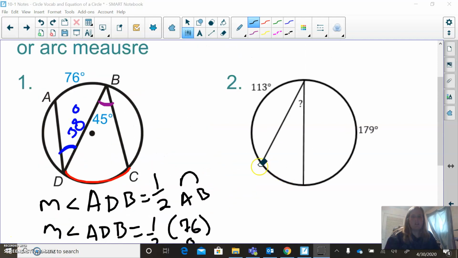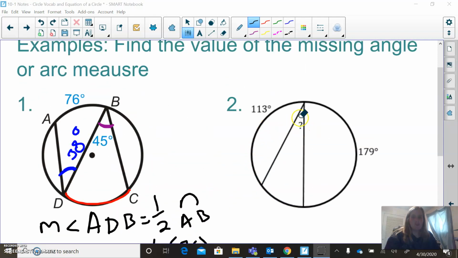All right, guys, so let's work on this next one. We need to find the question mark angle. But first what we need to do is find this arc right here. We need to find this arc in green in order to find the question mark. To find that arc, we're going to add the 113 and the 179.